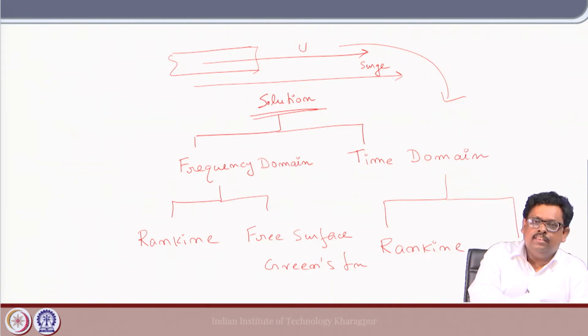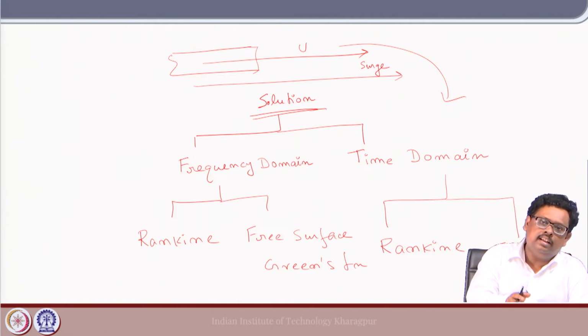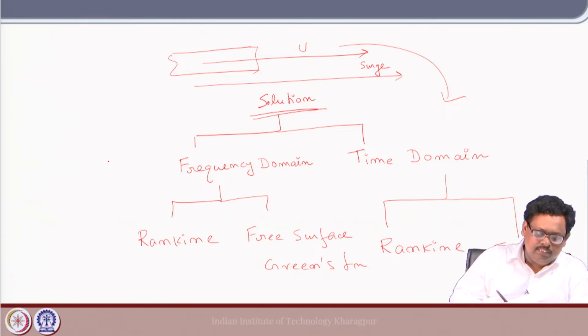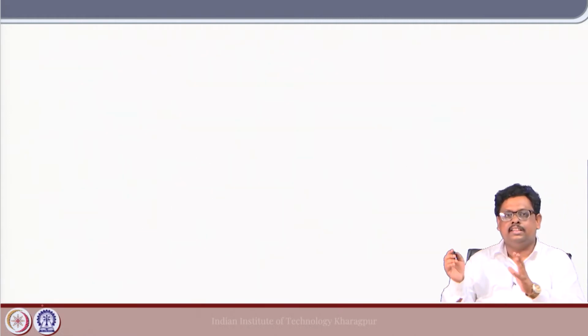I can have the frequency domain, or I can have the time domain, again I have the free surface or Rankine, but on top of that we have something we can define as the coordinate system.